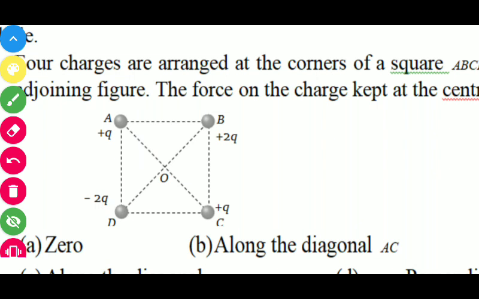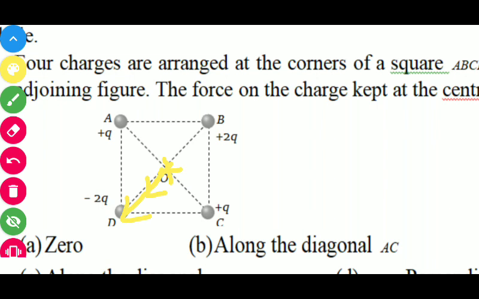But that is not the case for minus 2Q and plus 2Q. So, when we are placing a plus Q at the center, plus 2Q will repel it towards the point D. Minus 2Q will attract it towards D. So the total force will be acting towards D.